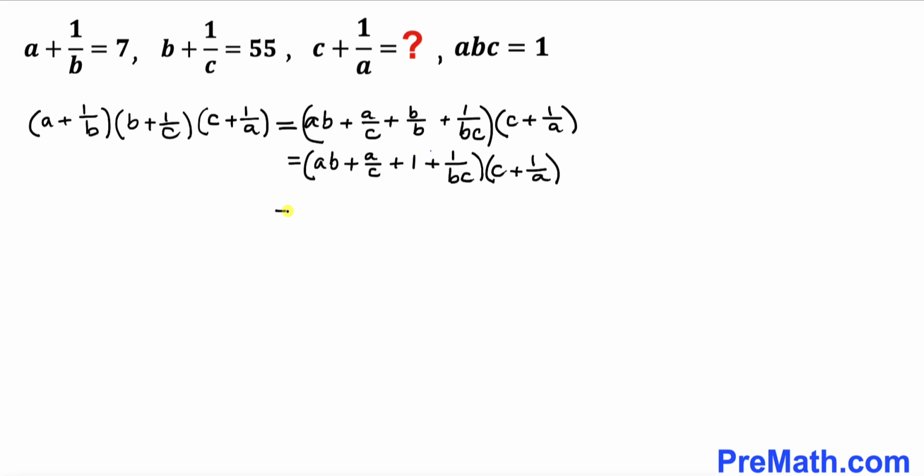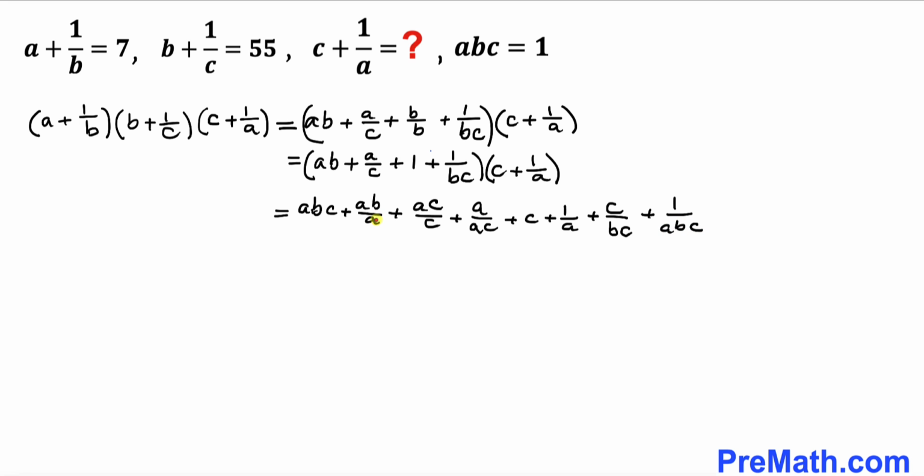So we are going to get a times b times c plus ab divided by a plus a times c divided by c plus a divided by a c plus c plus 1 divided by a plus finally c divided by b c plus 1 divided by a b c.